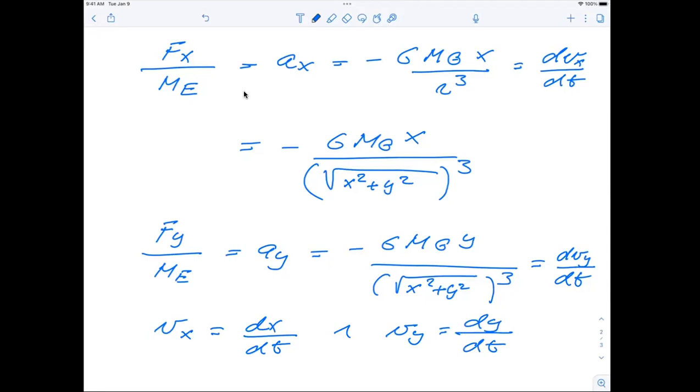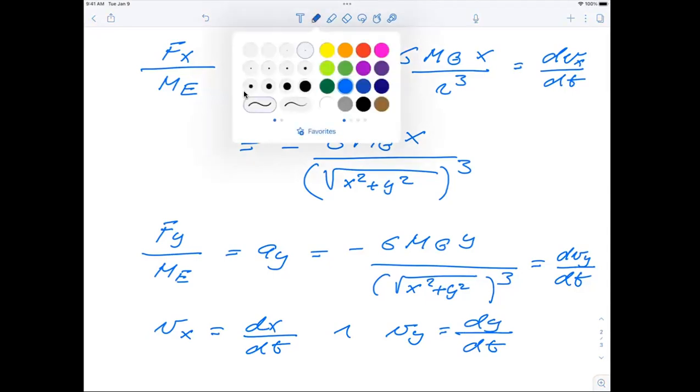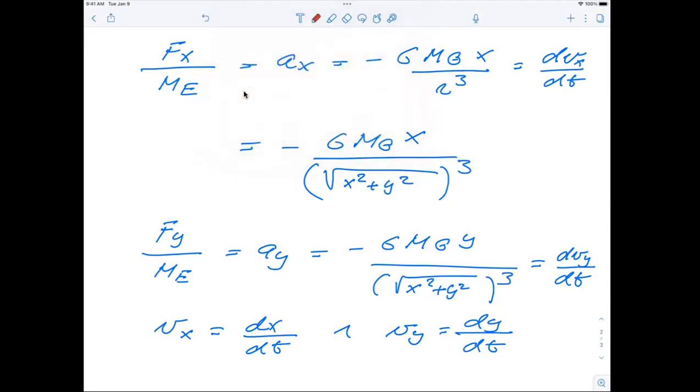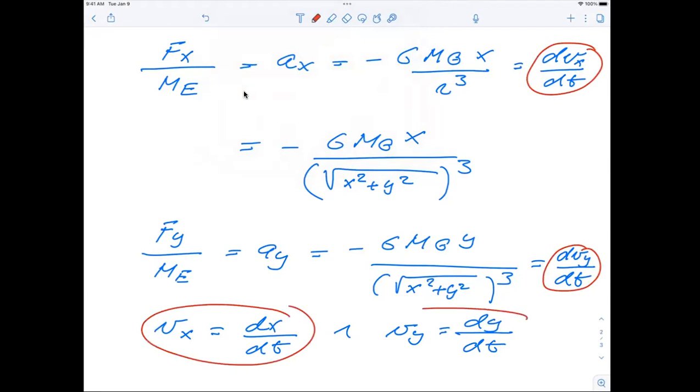And again, what you see is that if we want to single this out, we have 1 differential equation, 2 differential equations, 3 differential equations, and 4 differential equations. If we had looked at this problem in 3 dimensions, we would have gotten 6 coupled differential equations.